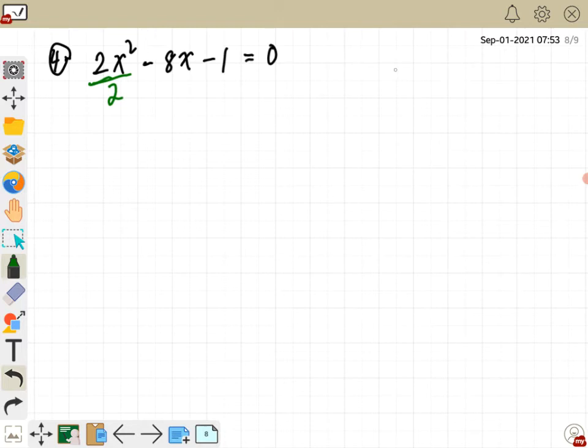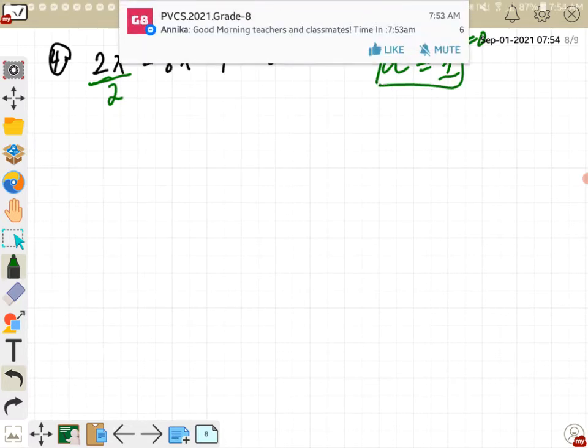So before we proceed to completing the square, we need to make sure that in ax squared plus bx plus c equals 0, the value of a must be 1.